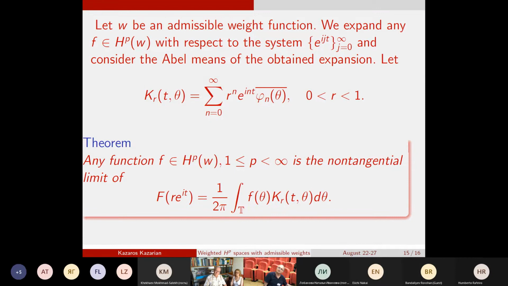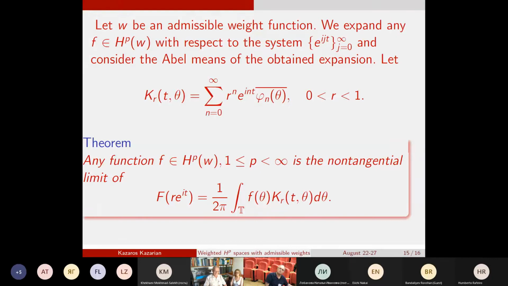And so here I write the kernel when you consider the decomposition of an element with respect to the system which we are considering, okay? And afterwards you consider the Abel summation method, okay? So first of all, we have that the function f(re^{it}), defined in this form, is holomorphic, okay, and non-tangential limits represent the function given on the boundary.